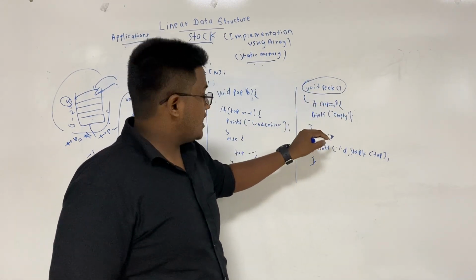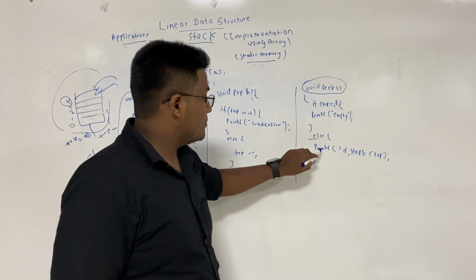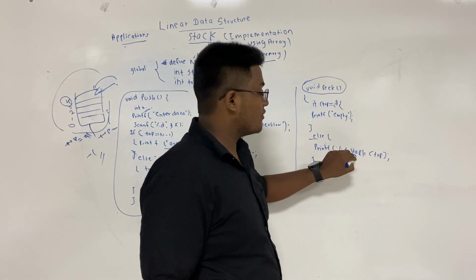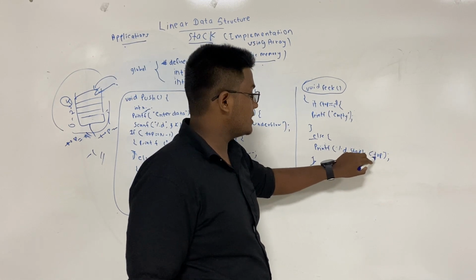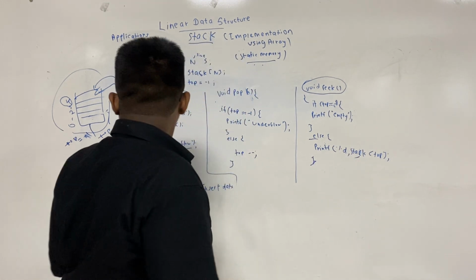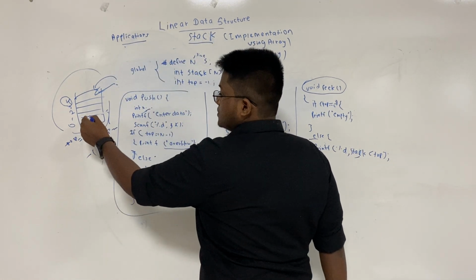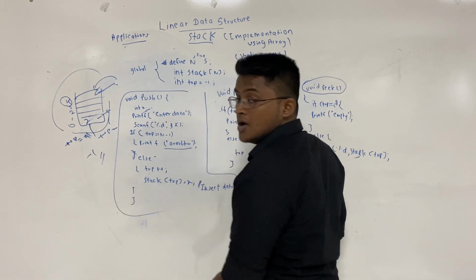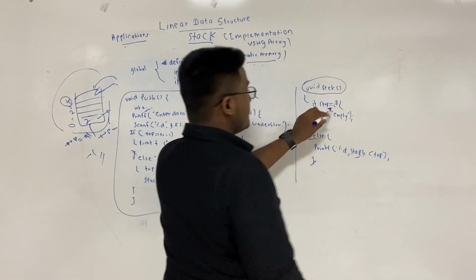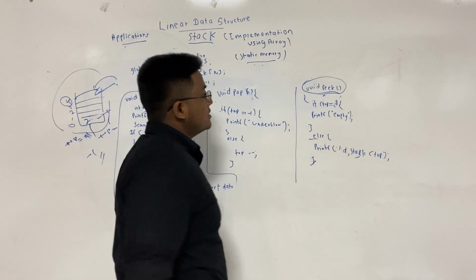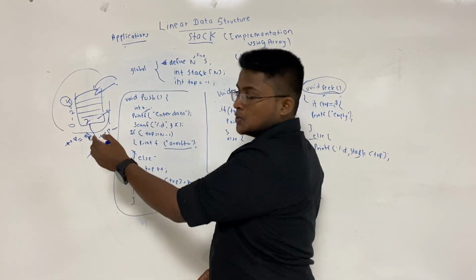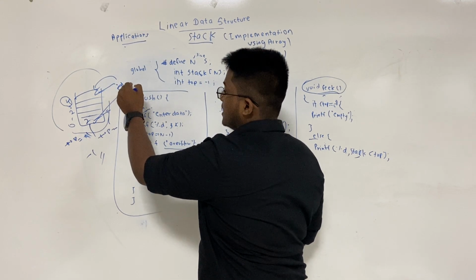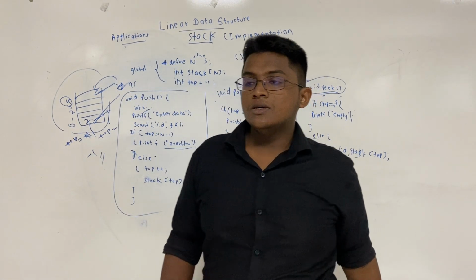If the stack is not empty, we go to the else part and print the top element of the stack. If you have 2 here, this is the top element, and when you call the peek operation, number 2 is accessed.